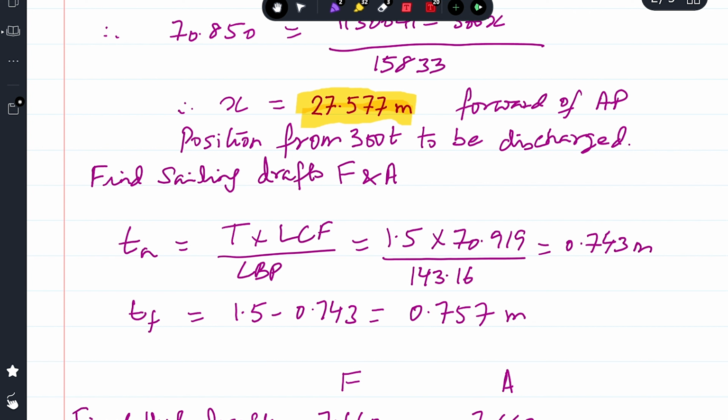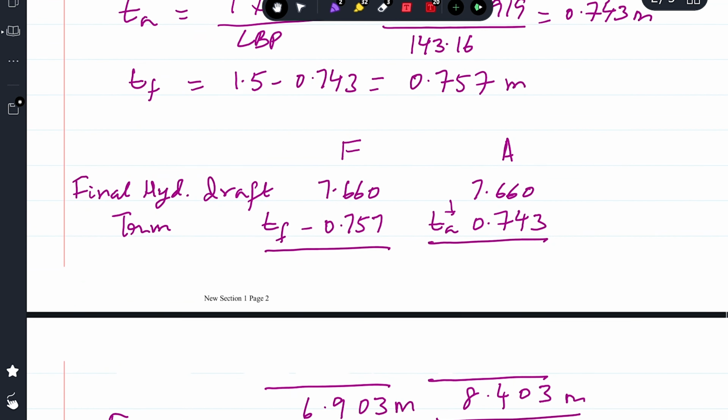Then forward trim, or change in the draft forward due to trim, will be total trim, which is 1.5 meter, minus trim aft 0.743, which gives 0.757 meter. This is the change in the draft forward due to trim. So these two changes in the draft forward and aft because of trim, TA and TF, are applied to the hydrostatic draft.